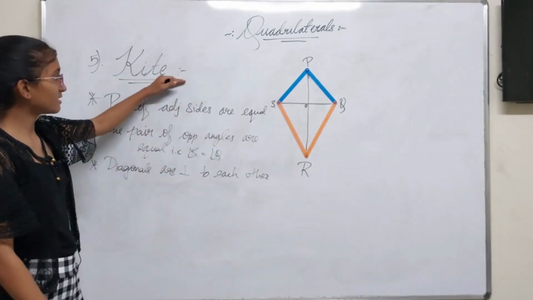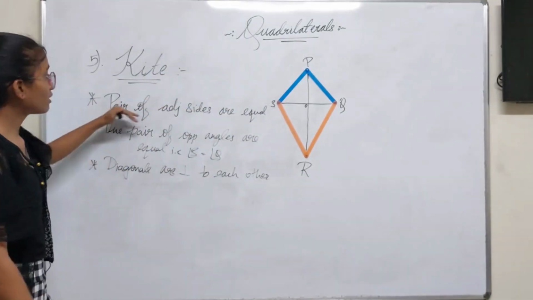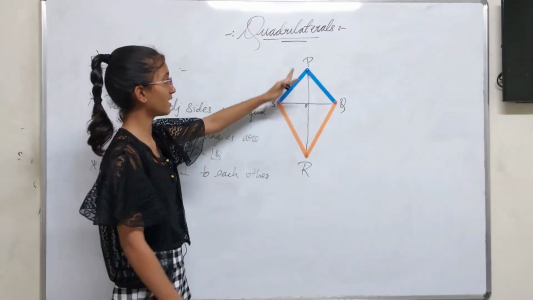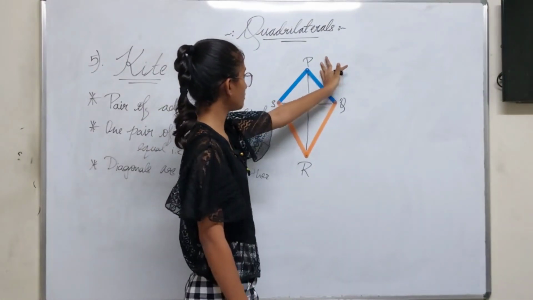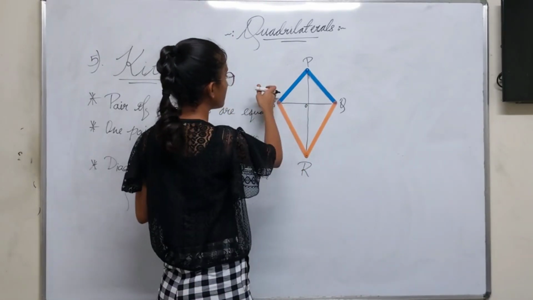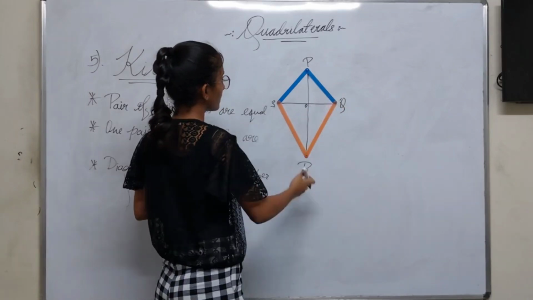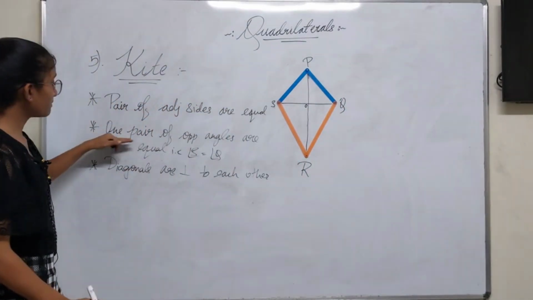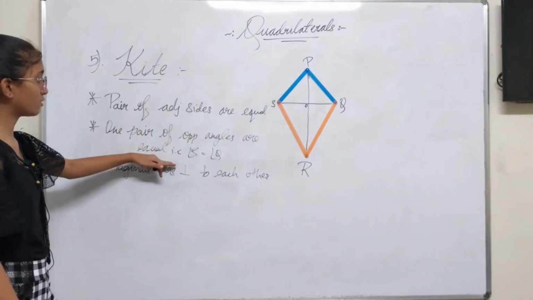So next comes the kite. In a kite, pairs of adjacent sides will be equal, which means adjacent sides in the kite are PS and PQ, SR and RQ, which means PS will be equal to PQ, SR will be equal to QR. Next is one pair of opposite angles will be equal.